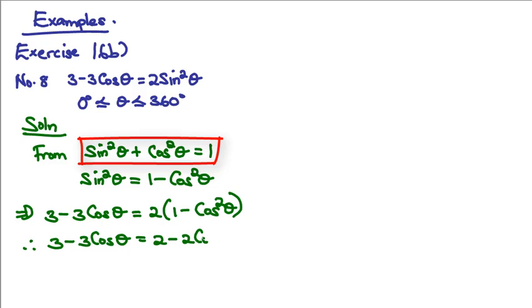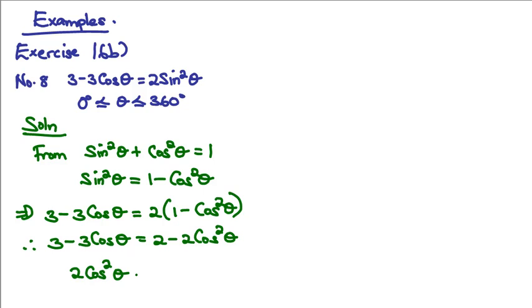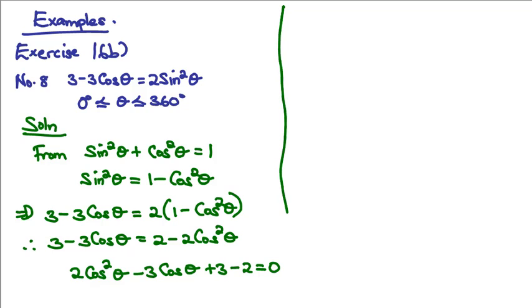Okay, so if you now make sine squared theta the subject, you obtain 1 minus cos squared theta, and once you substitute that in the equation that you have been given above, you come out with this particular equation: 2 cos squared theta minus 3 cos theta plus 3 minus 2 is equal to 0. And that looks so familiar to what we have been doing.